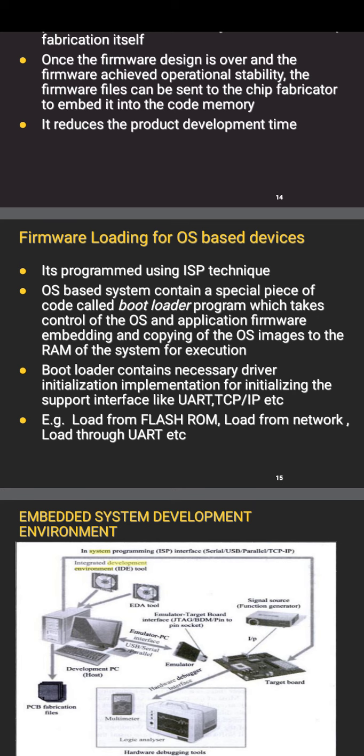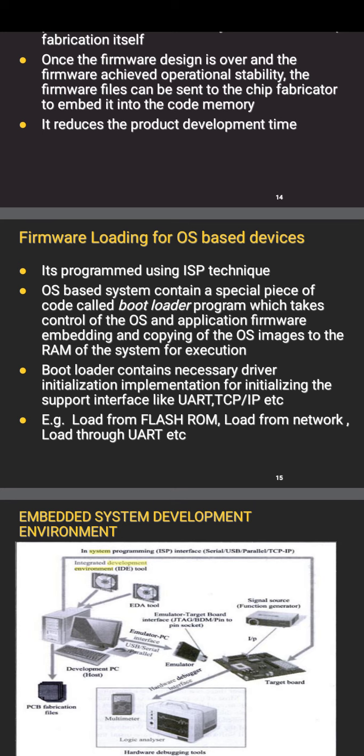Here the OS consists of a bootloader, and with the help of the bootloader, the ISP technique is used, but in addition to the ISP technique, the bootloader will take control of the operating system as well as the firmware. It will embed and copy the OS images to the RAM of the software for execution.